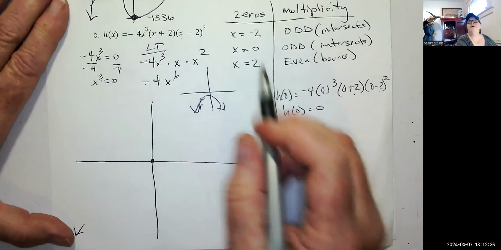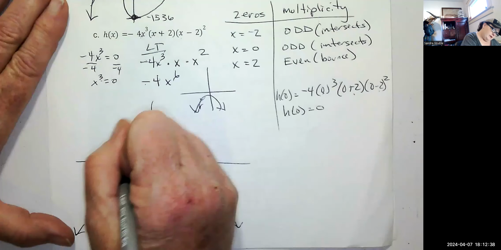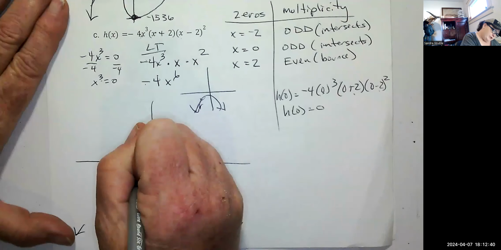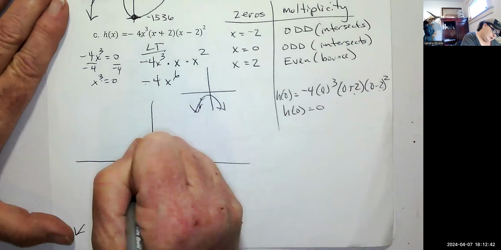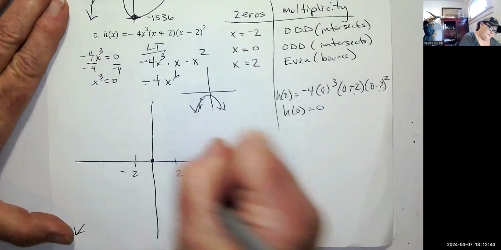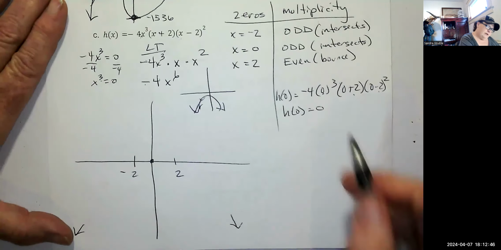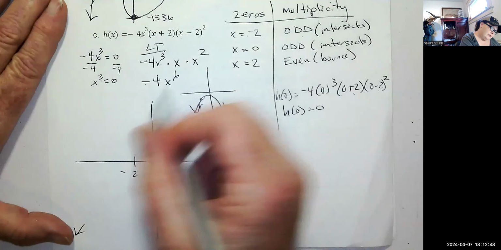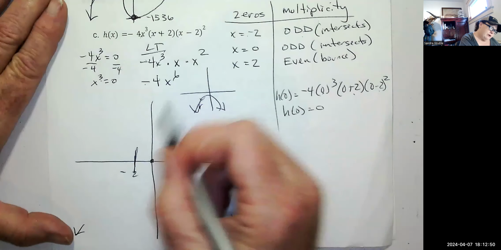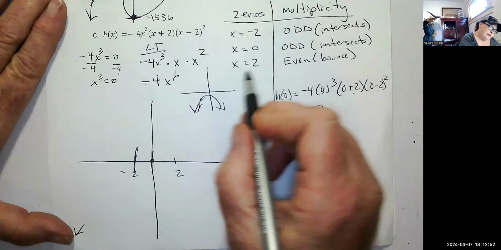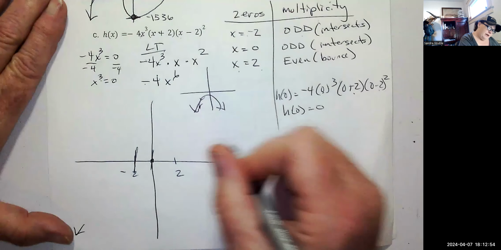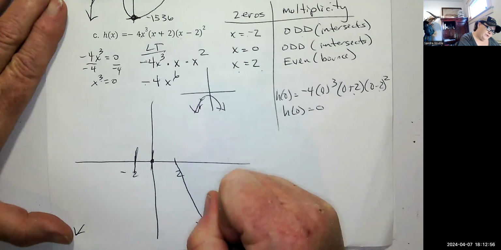What else? We've got x is -2, 0, and 2. So we've already taken care of the 0. -2 and 2. All right. And for -2, it's odd, so it's intersecting. For 0, it's intersecting. And then at 2, it's bouncing. But I need it to continue down this way.